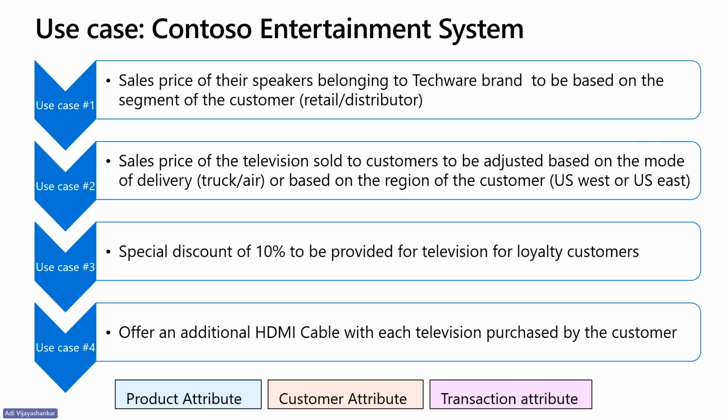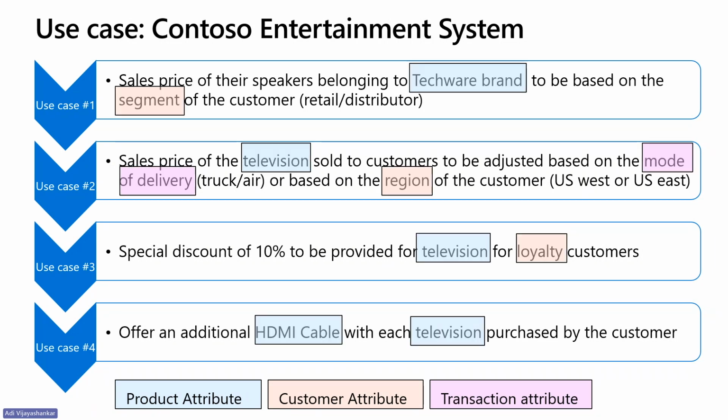So pricing attributes, product, customer, and transaction play a key role in pricing management, and Contoso would like to use all these pricing attributes not only for prices and discounts, but also for charges and rebates.